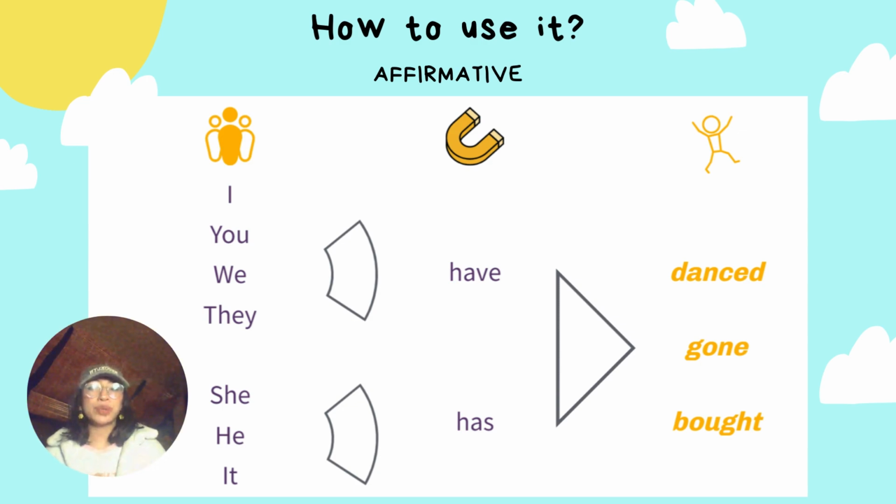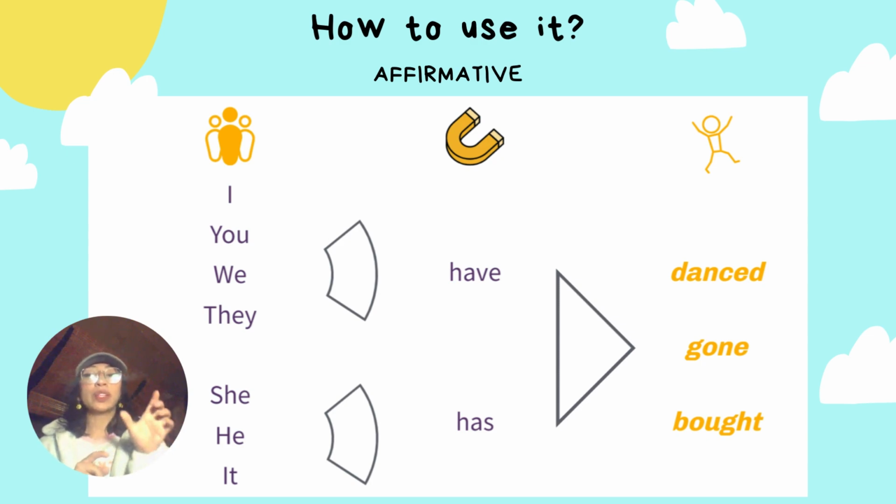Now, I'm going to show you how to use this present perfect because we have three ways: the affirmative, negative, and interrogative. For the affirmative way, we have have as our auxiliary verb for this tense, and we are going to use it with the first and the second person. For example, I, you, we, they, and has we are going to use with the third person, that will be she, he, it.